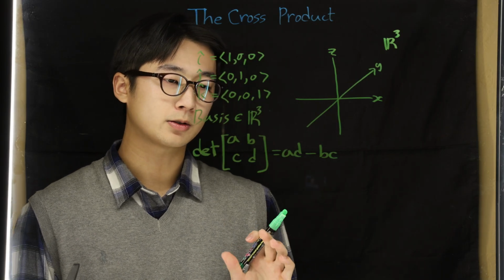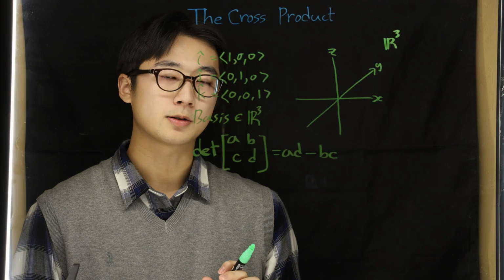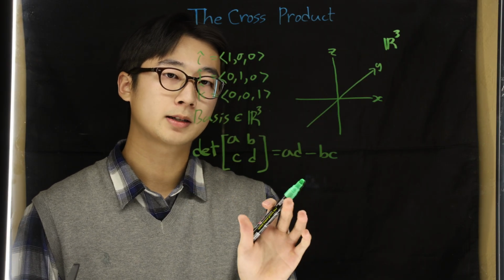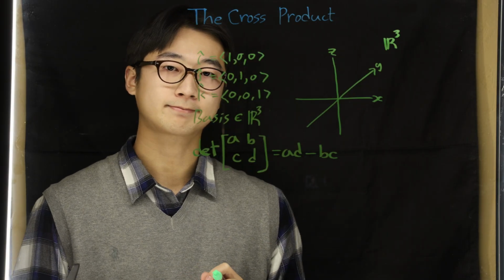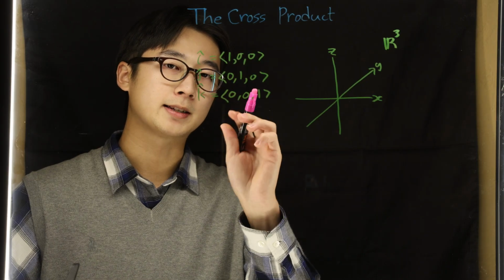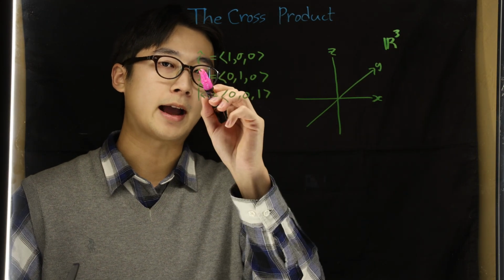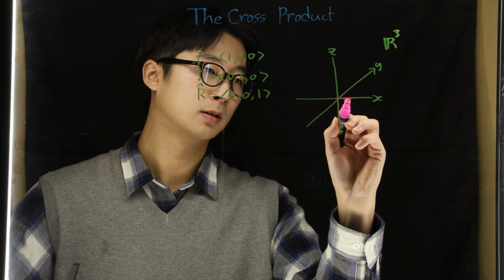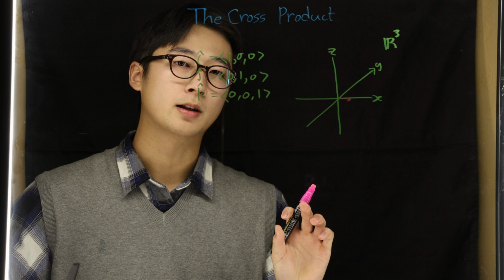This is kind of important to remember because we are going to find the cross product using the concept of determinant and basis vectors. One thing I forgot to mention is that each basis vector, let's say i hat, goes only in the x direction, and the magnitude is always 1.